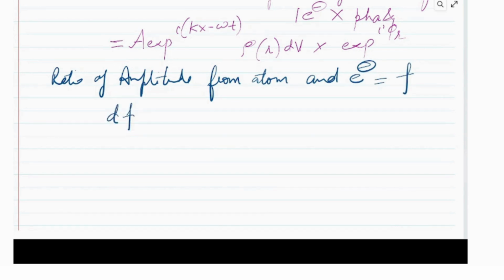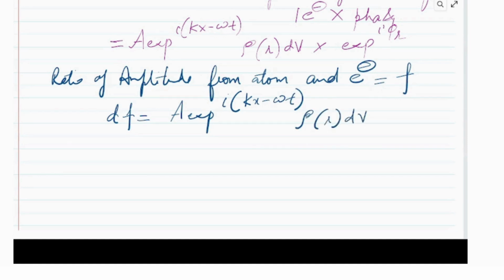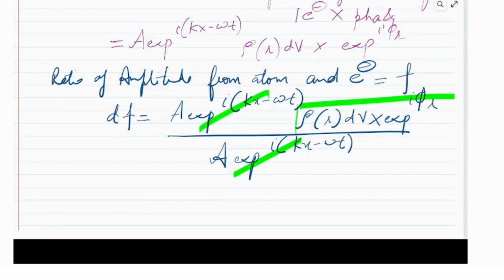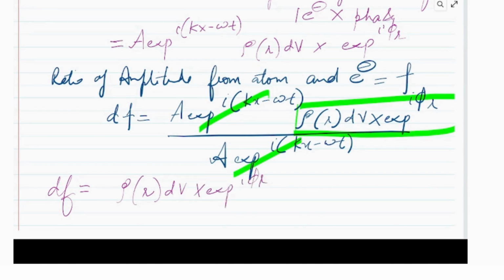So our expression will be for dF, that is small scattering factor, and putting the expressions that we have already written, the denominator will be that for the electron, and cancelling the common terms, the expression for dF will be rho r dV exponential iota phi r, where phi r has the expression mu r cos phi.